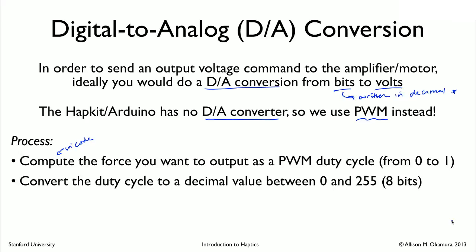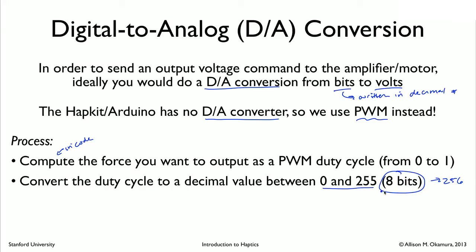And then the next step is to convert that duty cycle to a decimal value between 0 and 255. And this is interesting. This is only 8 bits of information, actually. We had 4 bits in the example a few slides ago, but now we have 255, so this whole thing is really 256 different pieces of information, and that corresponds to 2 to the 8th, so it's 8 bits.